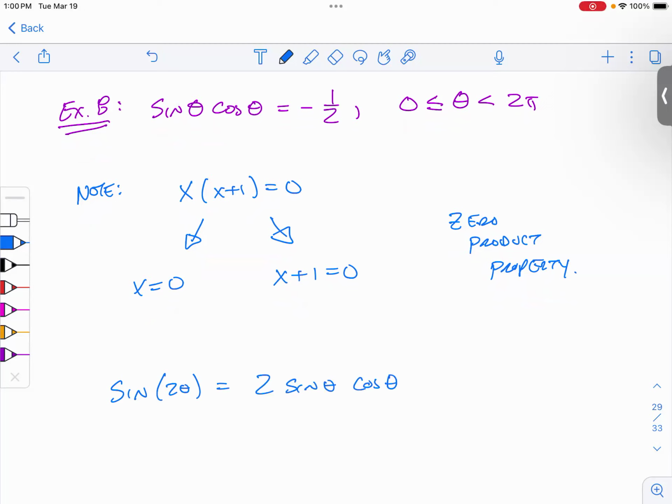That is something we can deal with, because it's pretty close to what we're looking at here. This is a double angle identity. If I divide both sides by 2, then I have exactly what I have here.